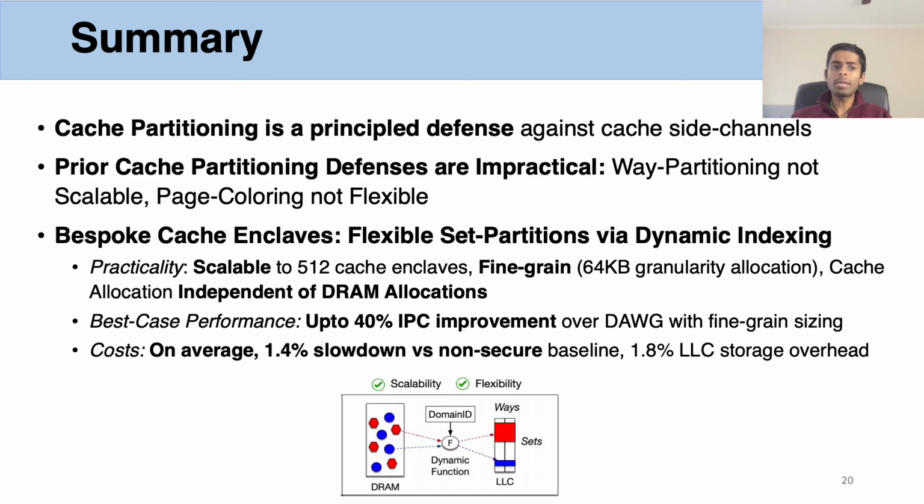It is highly practical because of its scalability, fine-grained allocation capability, and the ability to be managed independent of DRAM allocations. Its fine-grained allocations are highly beneficial for performance, and it comes with negligible costs. So we believe that Bespoke Cache Enclave primitives are highly suited for practical adoption by real-world software and hardware.